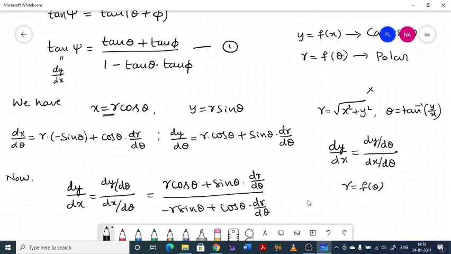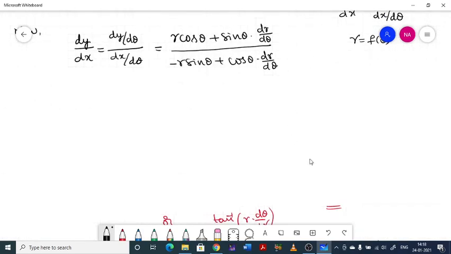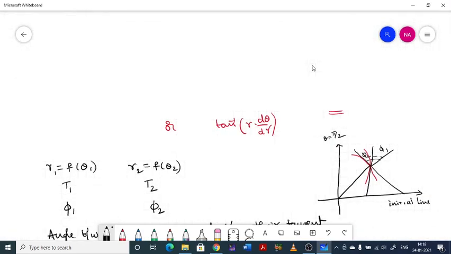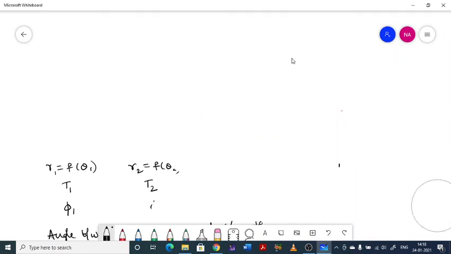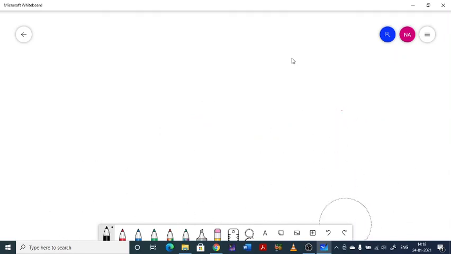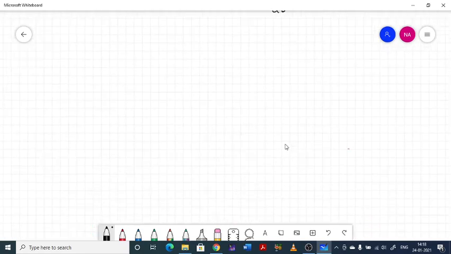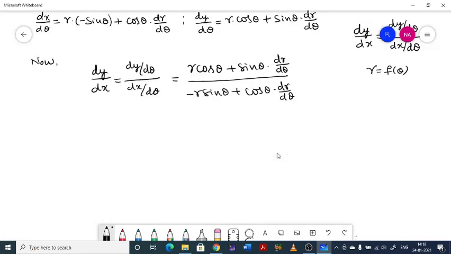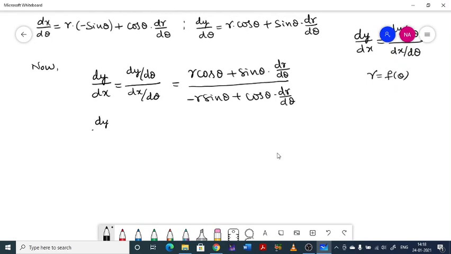The denominator term we can write as cos theta into dr by d theta minus r sin theta. So dy by dx equal to r cos theta plus sin theta into dr by d theta, that will be kept as it is.